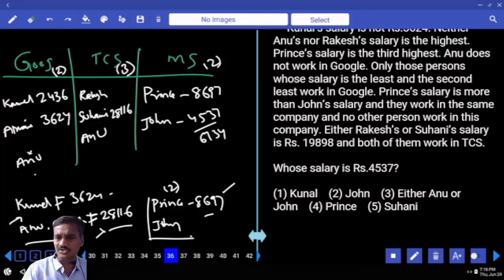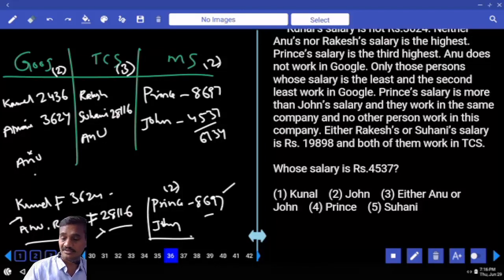Either Rakesh or Suhani is 19,898. Now Suhani cannot be 19,898, hence Rakesh must be 19,898. Then, if Rakesh is 19,898, what is the other one? Now 4537 or 6734 in any order.